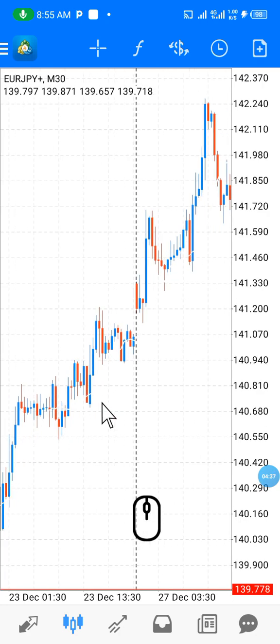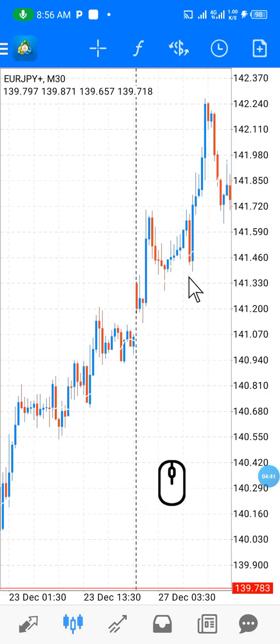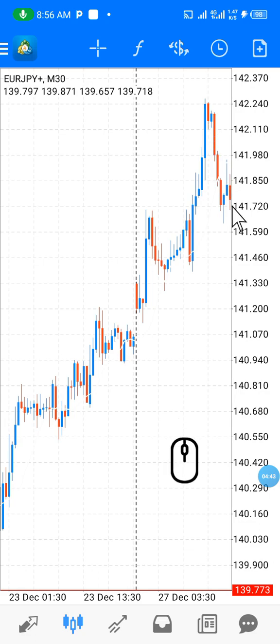It kept on doing the same thing: a rally, a pullback, rallied up again, another pullback. So this is just a simple explanation of a bull trend. On a bullish trend in the market structure, the bull trend forms higher highs and higher lows.